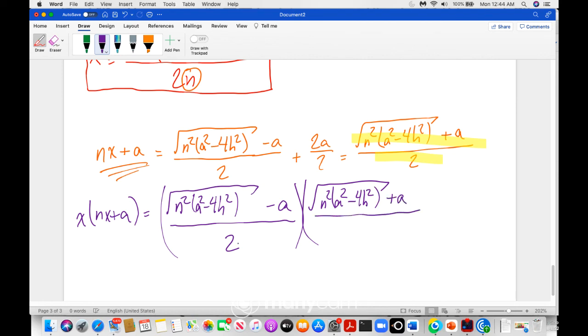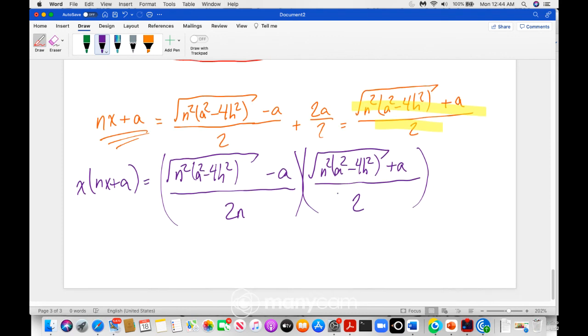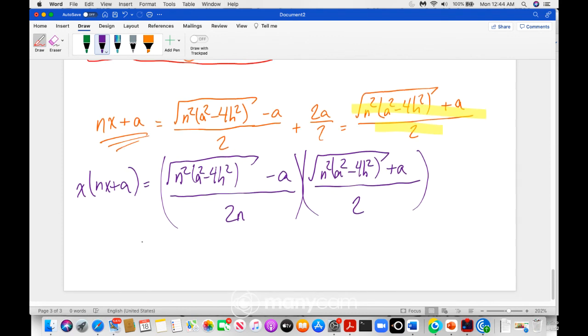Okay, so the original x was actually a 2n. So that's important that this has a 2n and this just has a 2. And it's important that these have different signs, because that means that multiplying them is actually pretty easy. And we get what? We get the square root cancels, and we just get a difference of 2 squares. This is n squared a squared minus 4h squared, done, minus a squared, all divided by 4n.